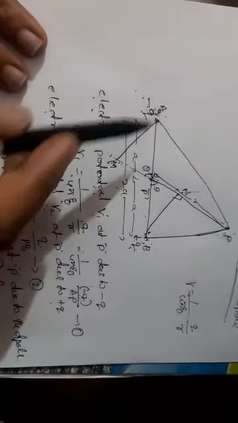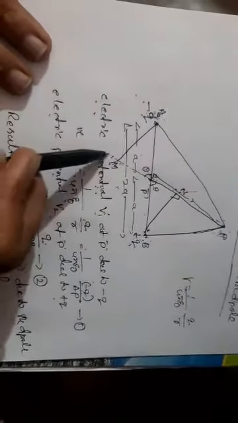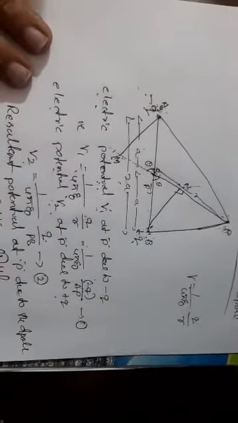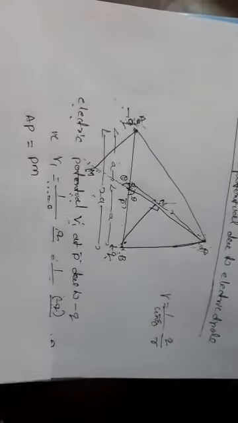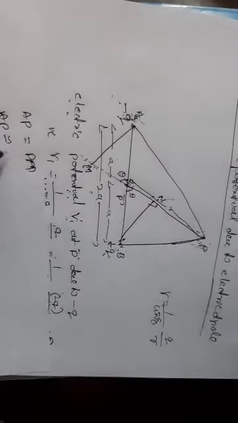That means A is very close to M. The line AP must be equal to the line PM, capital M. So AP must be equal to PM.